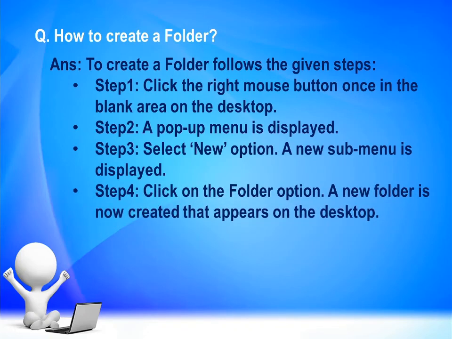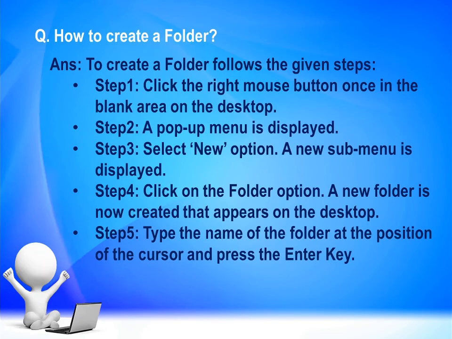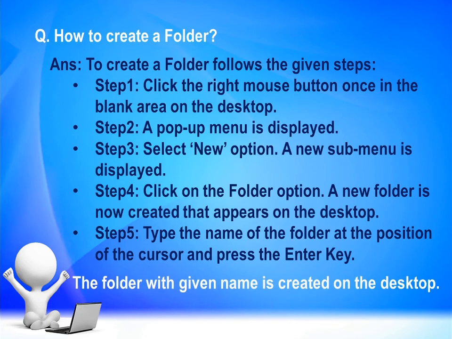Step 4. Click on the folder option. A new folder is now created that appears on the desktop. Step 5. Type the name of the folder at the position of the cursor and press the Enter key. The folder with given name is created on the desktop.